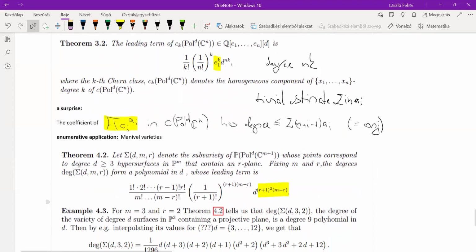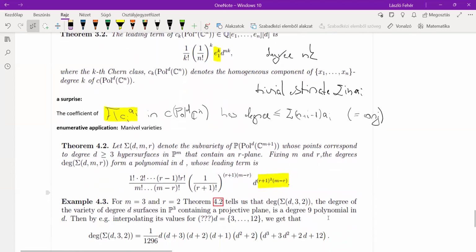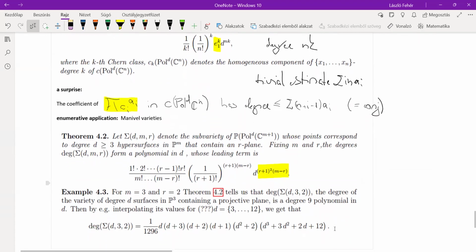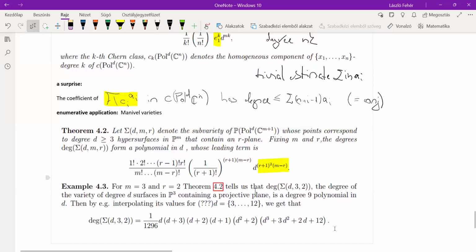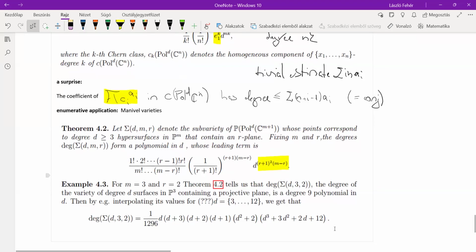So if you want to see one example, then if you are looking for surfaces in the space containing a projective plane, then this degree 9 polynomial describes the degree of the Manivel variety.